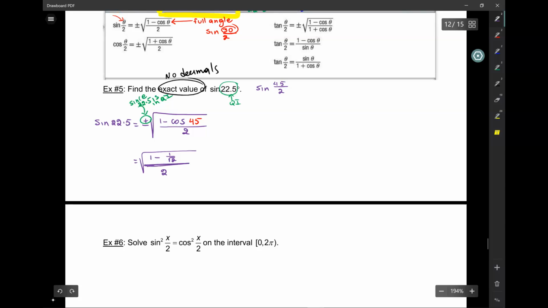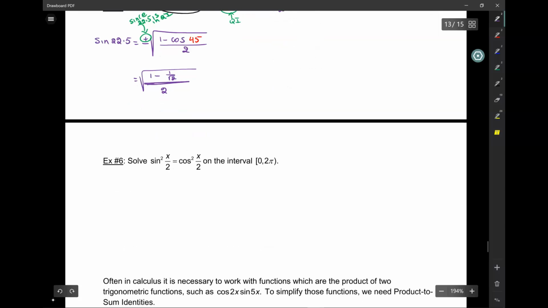Now, let me show you. Okay, now you have to simplify this fraction. The quickest way to do this is, you see how there is a denominator here? Multiply the top and bottom of that main fraction by that denominator. So multiply everything here by root 2 and multiply this by root 2.